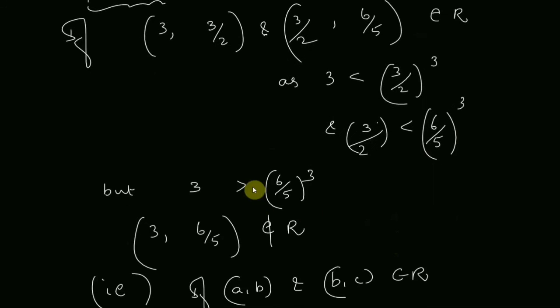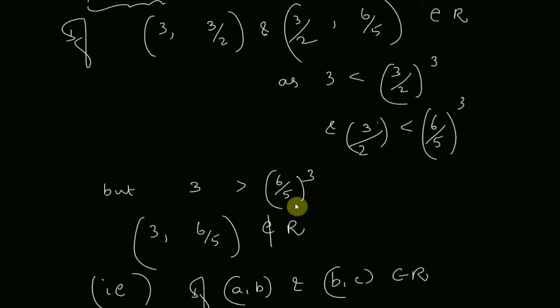Now we have to check whether the ordered pair (3, 6 by 5) belongs to R. Is 3 less than 6 by 5 the whole cube? No, 3 is greater than 6 by 5 the whole cube, because 216 by 125 is 1 point something.